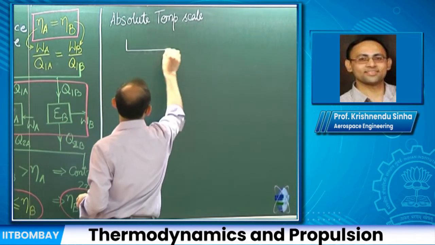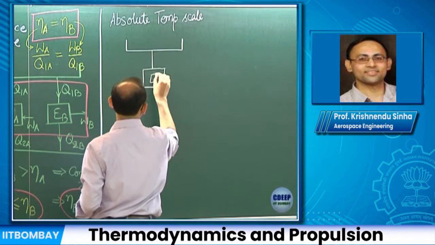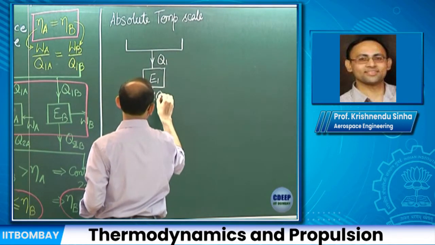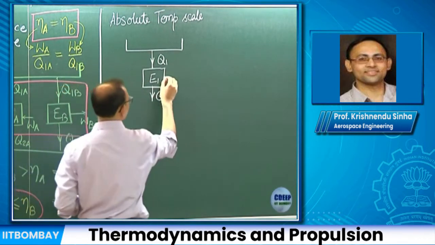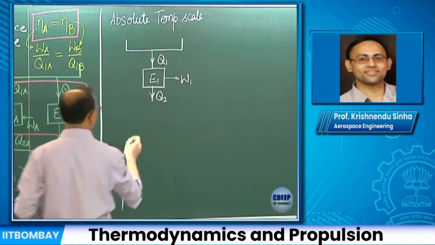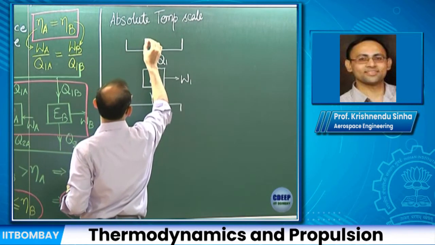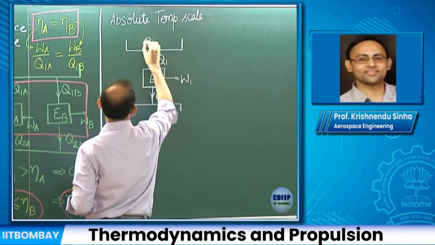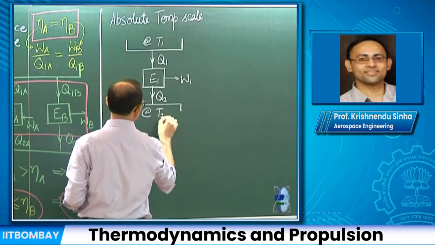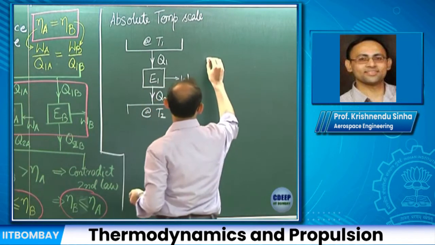We have an engine E1 taking up Q1, rejecting Q2 and generating work W1. Let's call this sink. So this is a reservoir at T1 and this is at T2, for which we use the same efficiency.